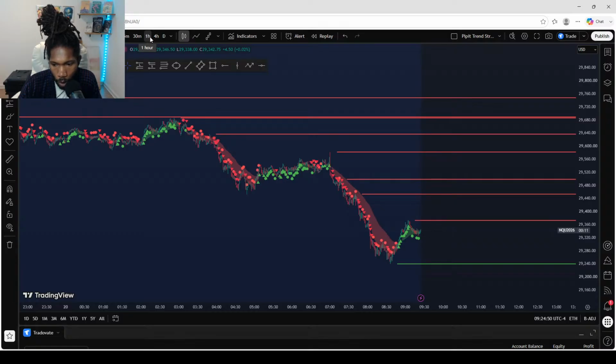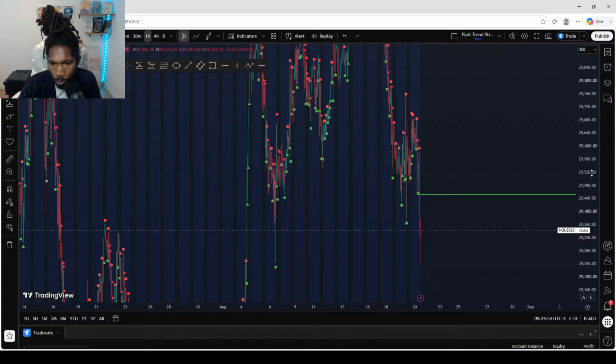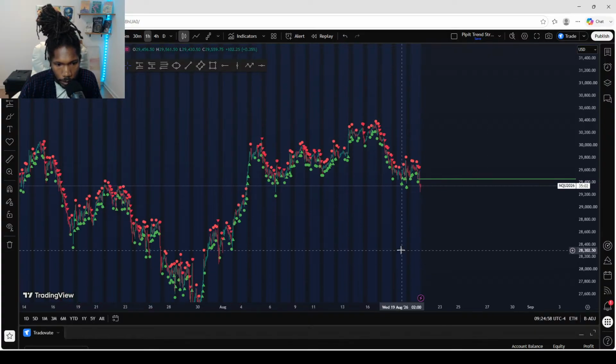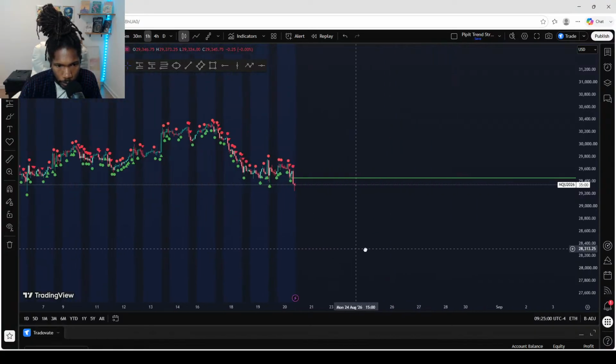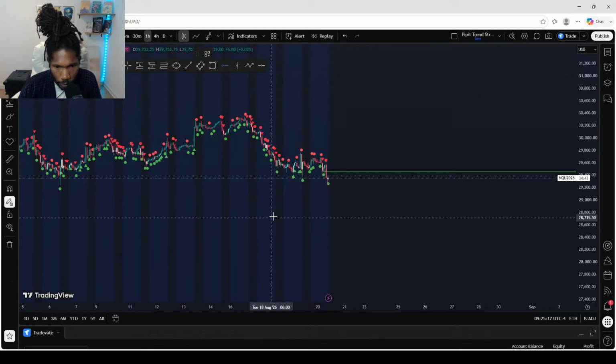let's go ahead and mark this chart up. We have about 5 minutes until the market opens, so let's see. Just mark off these levels of possible liquidity.